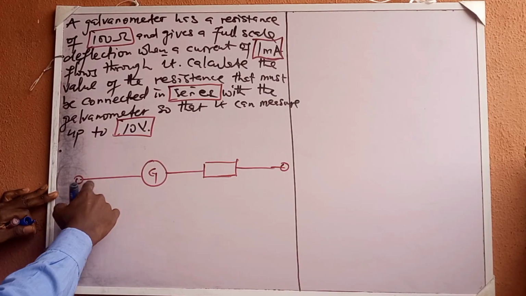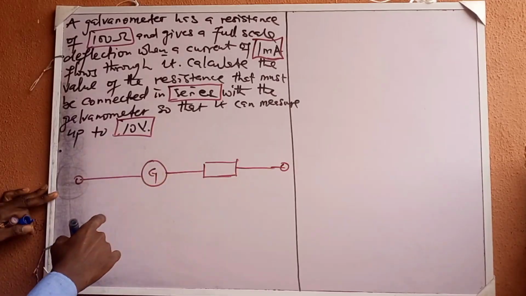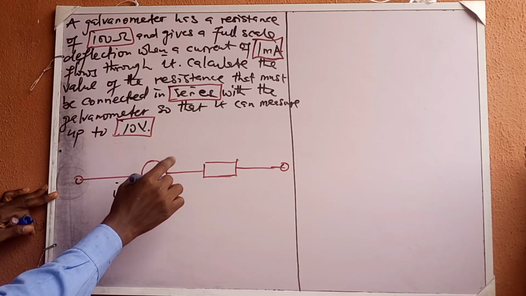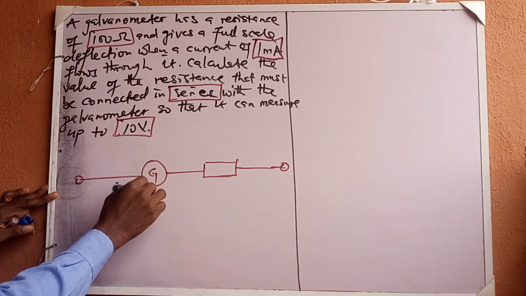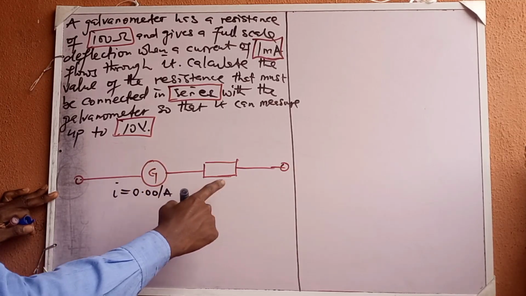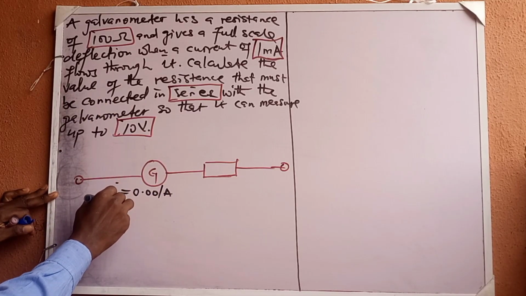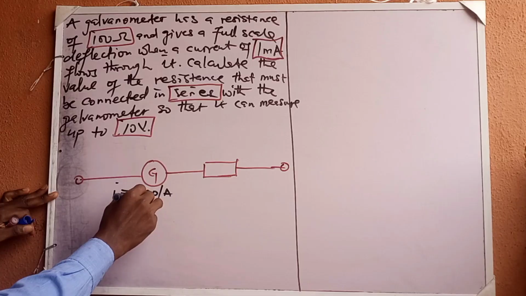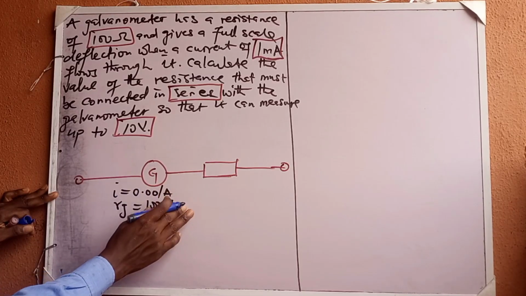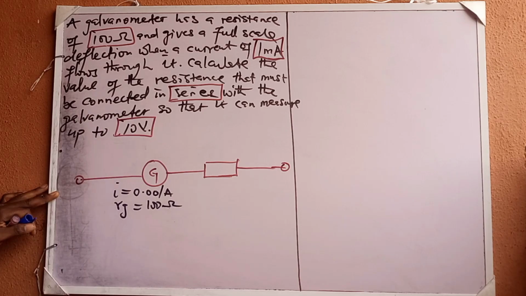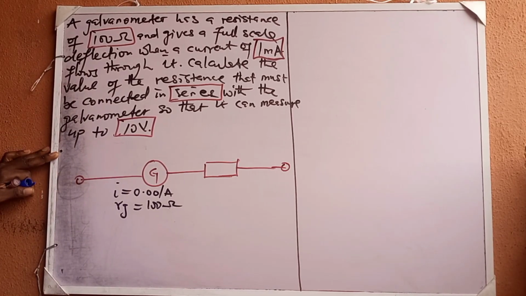Since it's a series connection, the same current passes through them. So I equals 1 milliamp, which gives us 0.001 amps flowing through it. And the resistance of this galvanometer, Rg, is 100 ohms, as we are given here.